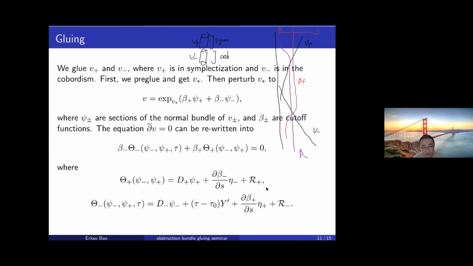That's the way one does the pre-gluing and gets V star. And when we have V star, we perturb it again using the sections psi plus and psi minus. So psi plus and psi minus are normal sections, namely sections of the normal bundle of V plus and V minus.